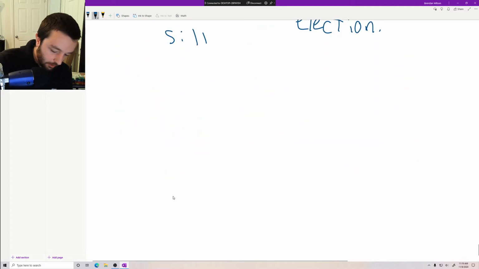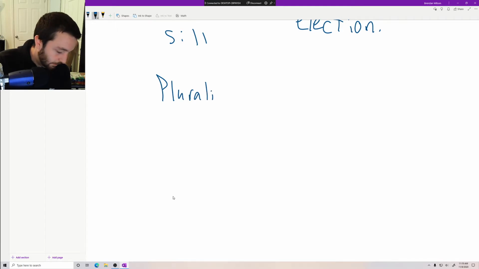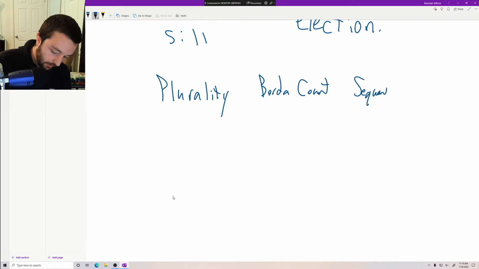The methods we've done are plurality, Borda count, sequential runoffs, and pairwise comparisons.